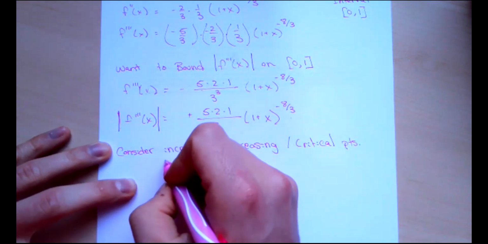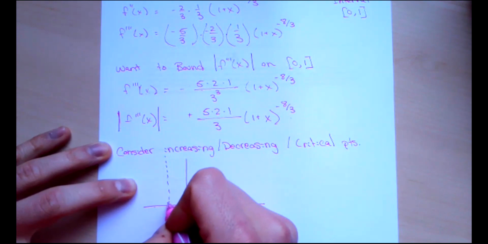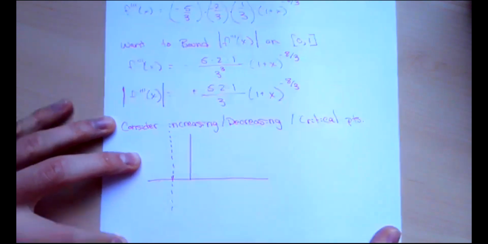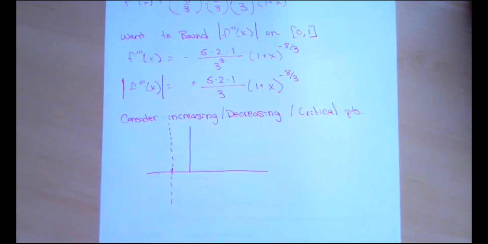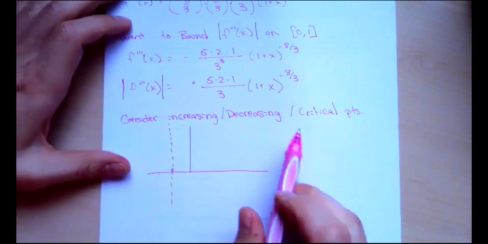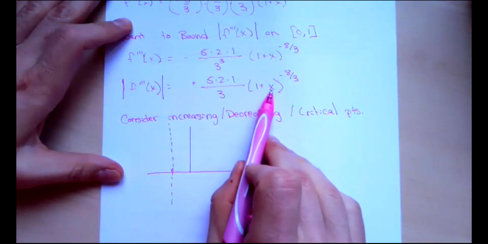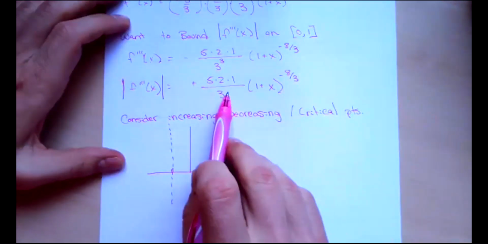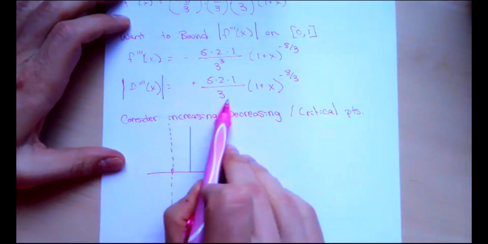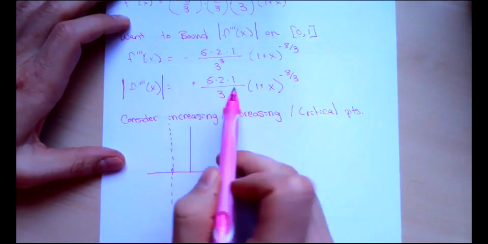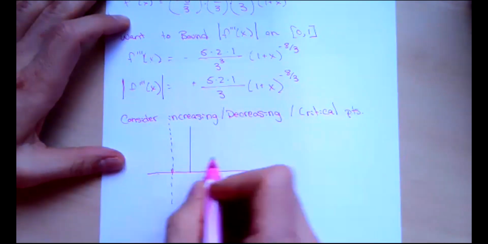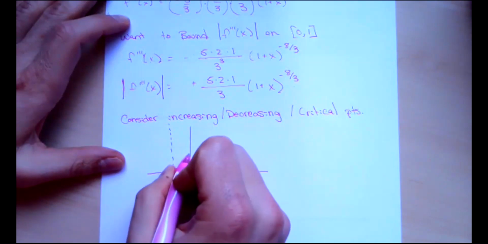So when x is negative 1, we have an asymptote. When x is 0, we can plug in that value. That's pretty easy. It's just 1 to some power is 1, and then it's just this constant. So 5 times 2 times 1 over 3 cubed, what is that? That's 10/27. It's about 0.4.